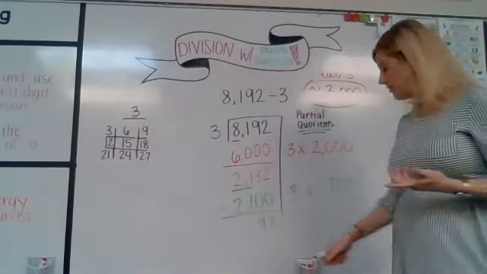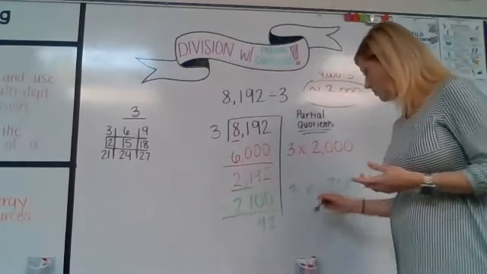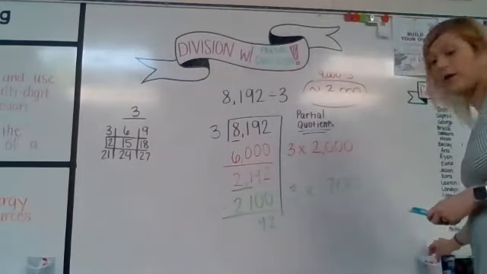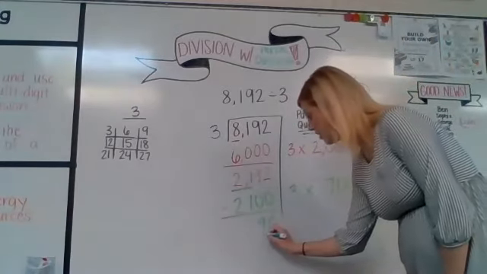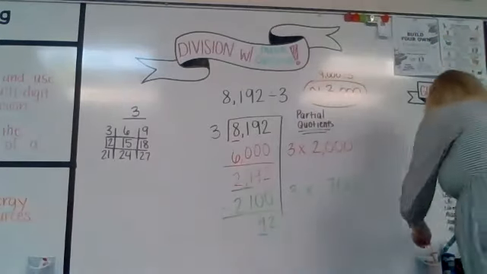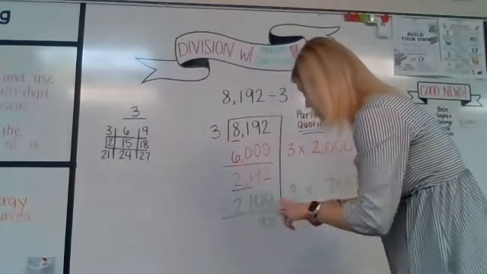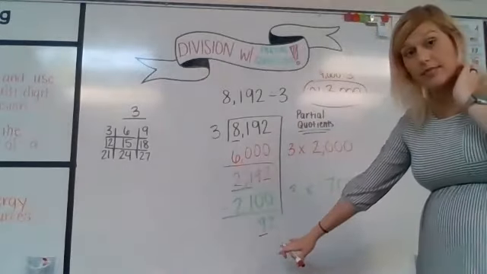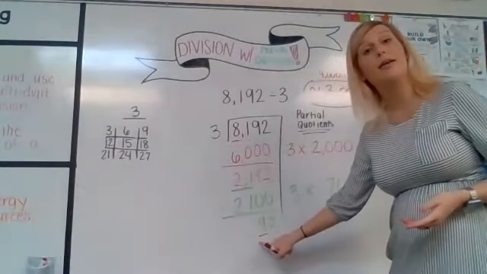Now again, we have another dividend that we can start all over with. So we are going to look again at the largest place value on our new dividend, which is now 92. And we're going to say, how many times can 3 go into the digit 9?